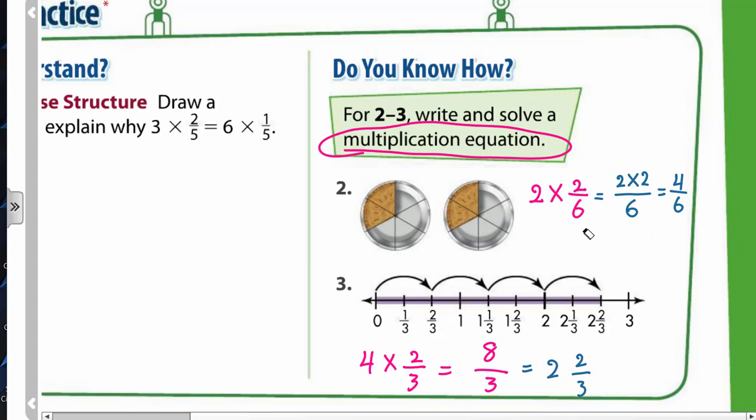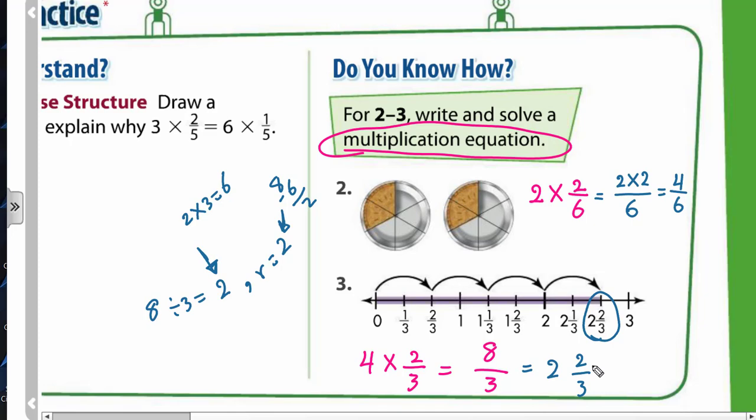So I can write here 8 divided by 3 equals 2, and the remainder is 2. Why is it 2? Because 2 times 3 equals 6. And why is this 2? Because 8 minus 6 equals 2. Okay, my heroes, any problems? As you can see in the picture here, it's the same mixed number.